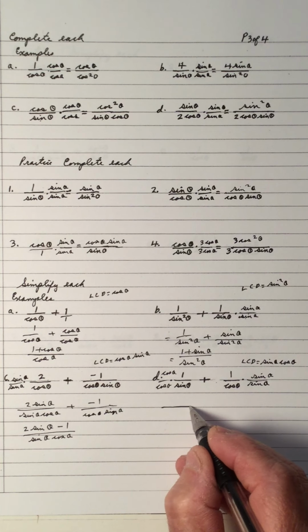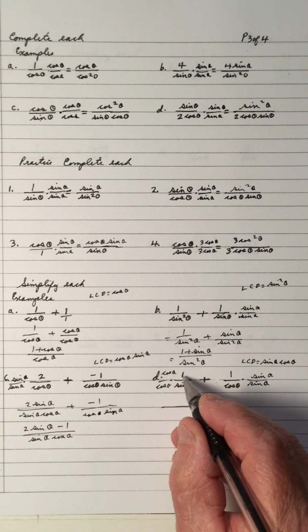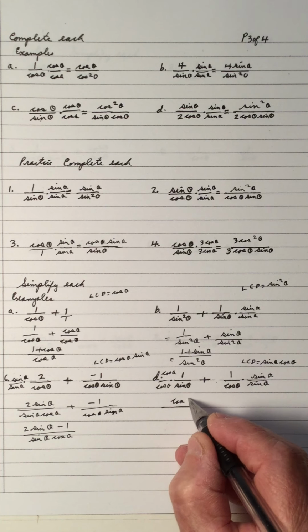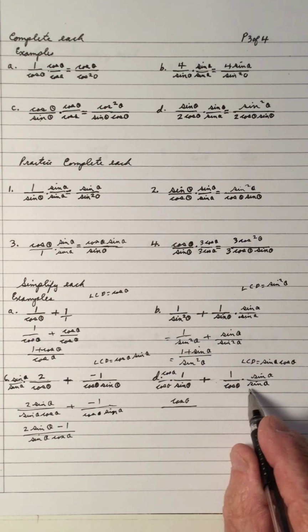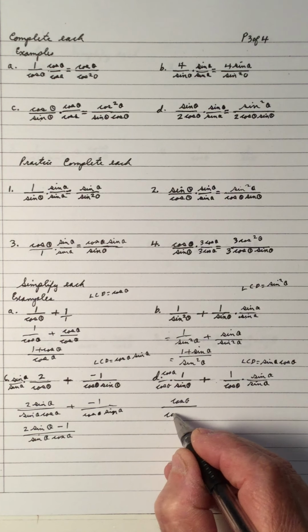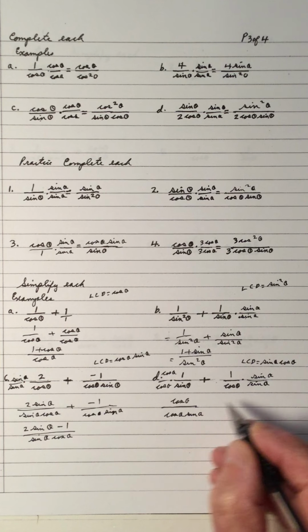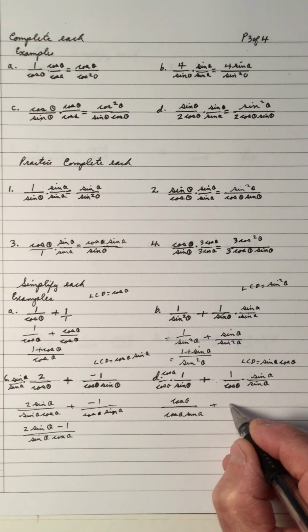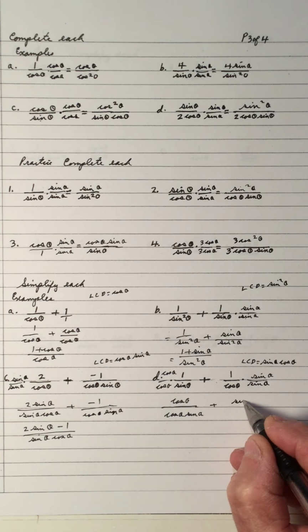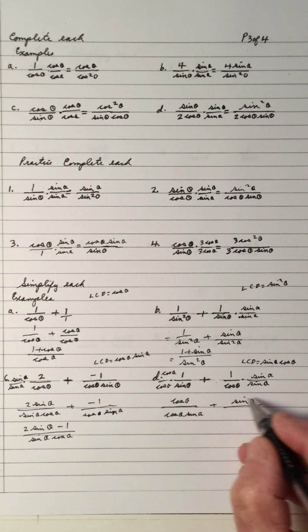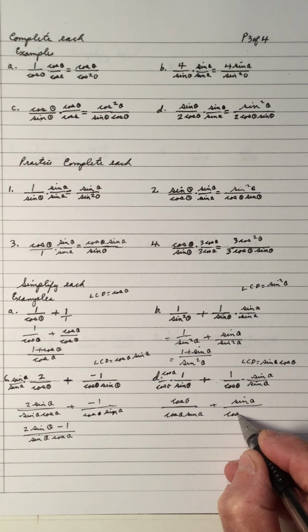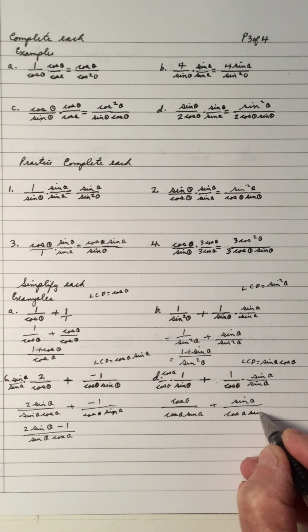And when we do, we get cos times 1 is cos theta. And I can write the two of these the same now, so actually I have them written down. So notice 1 times sine is sine, and cos theta sine theta.